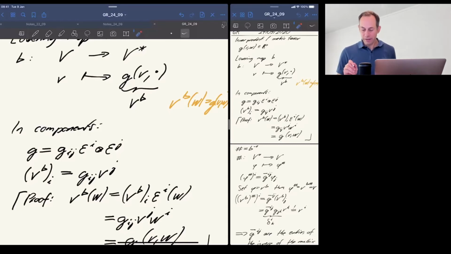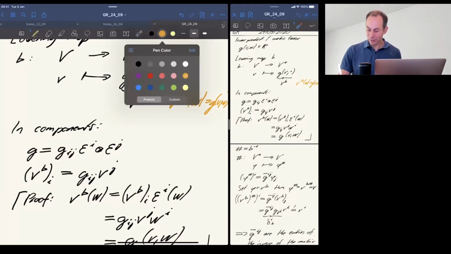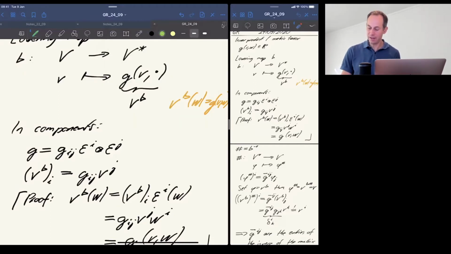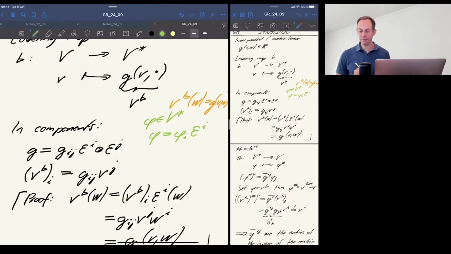Yes, that's right. The thing to keep in mind is probably the following, which often leads to confusion when you see it first: if I take an element phi from V star, and I write phi in terms of a basis, I would write it like that. The components of it have indices downstairs, but the basis elements have indices upstairs.